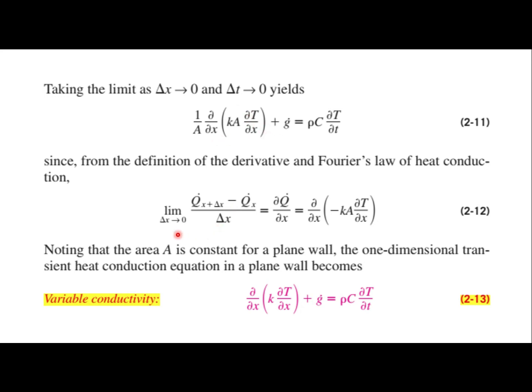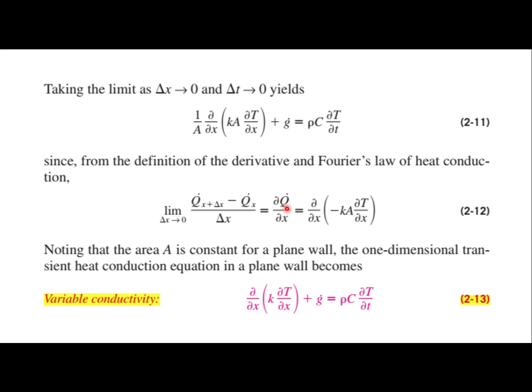This is how this equation is developed, and here is the explanation. When we take the limit as delta x approaches 0, according to the definition of the derivative, it can be written as delta q by delta x.